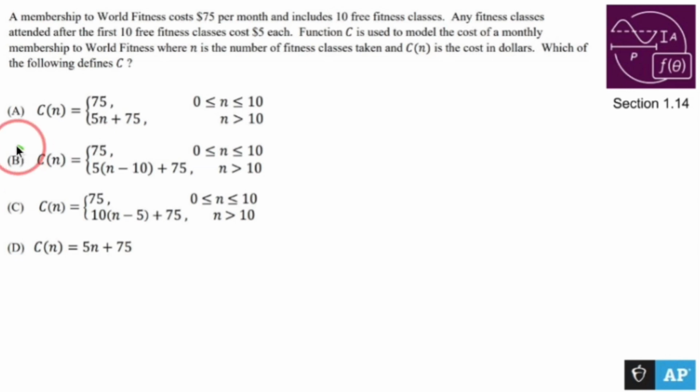What we have to choose is B, because B is saying that between 0 and 10, including 10, it costs $75. But once you hit 11, you do 11 minus 10, which is 1, multiply that by 5, and then add 75. So 5 plus 75 is for 11, and 12 is going to be 10 plus 75, and so on and so forth. So kind of a tricky problem. Just be really careful.